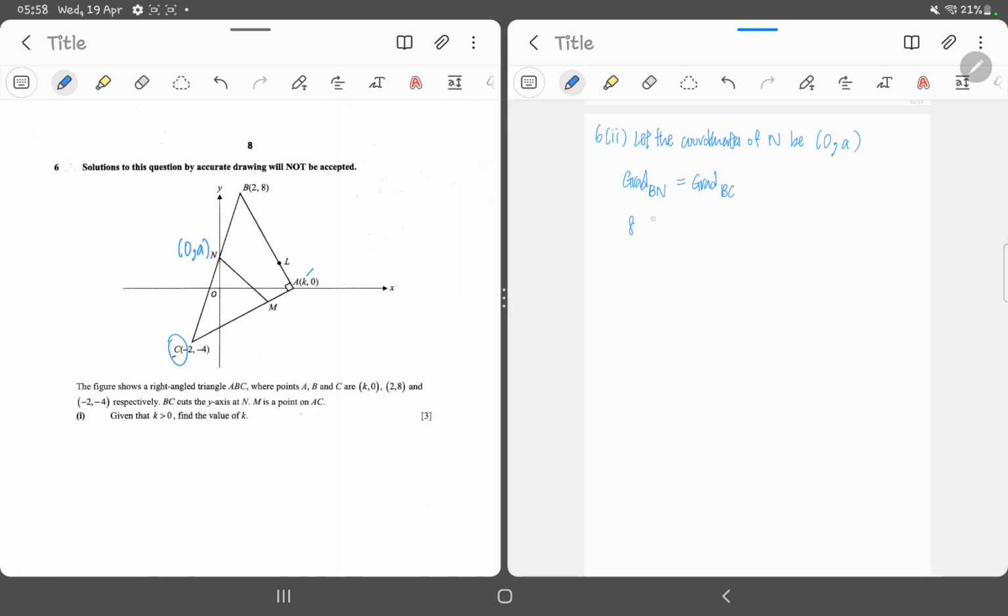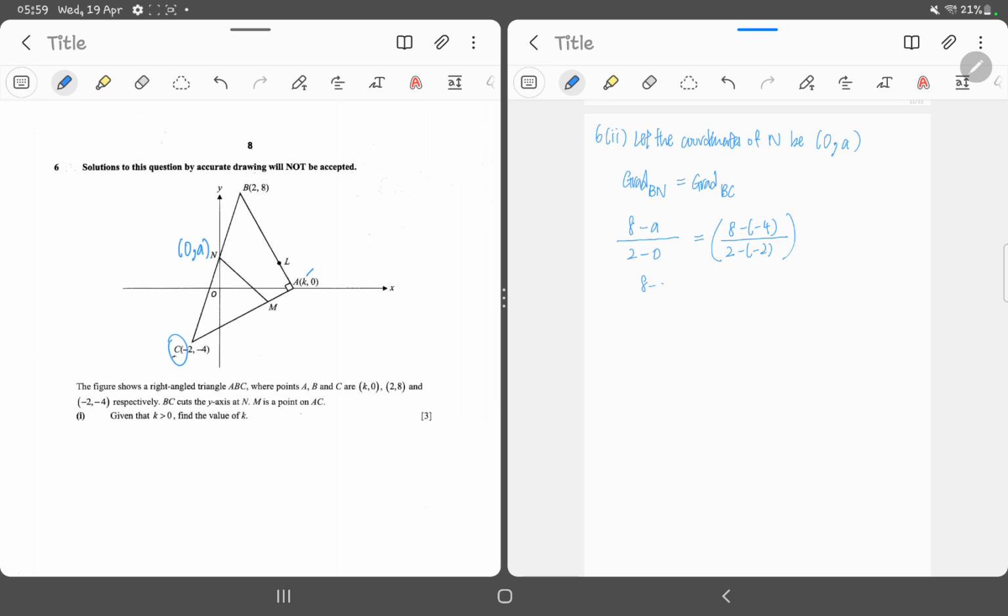Gradient BN using the coordinates of point B and point N is 8 minus a over 2 minus 0, and this equals gradient BC using point B and point C, which is 8 minus 4 over 2 minus 2.